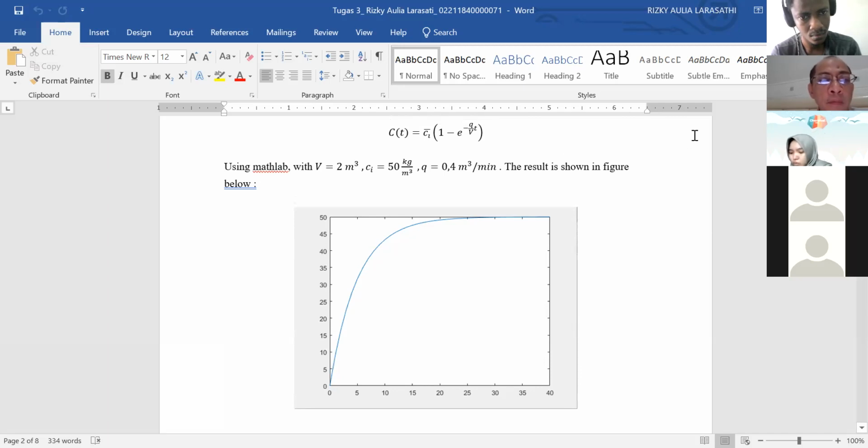What is the capital C? Concentration. Concentration of what? Concentration of the inlet and exit.